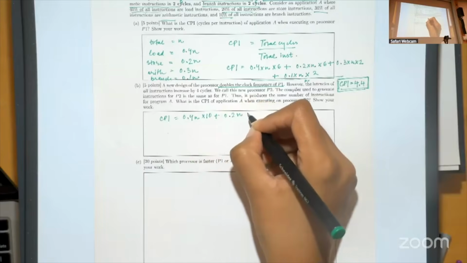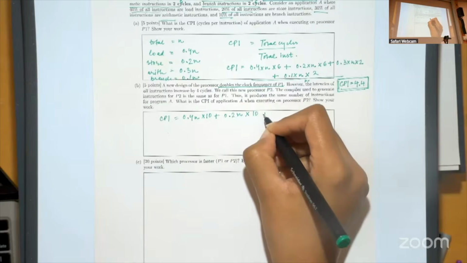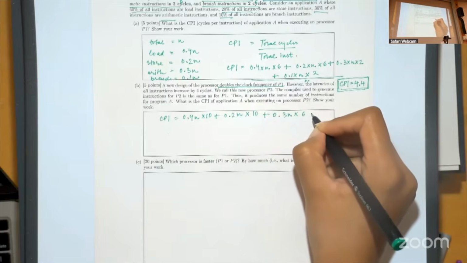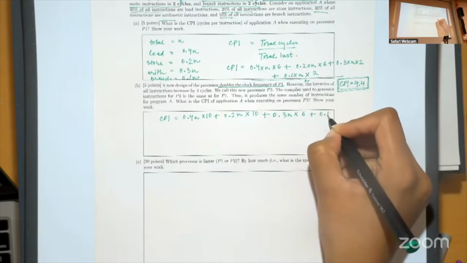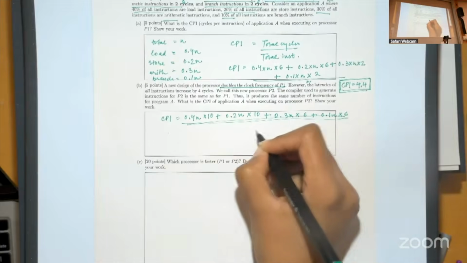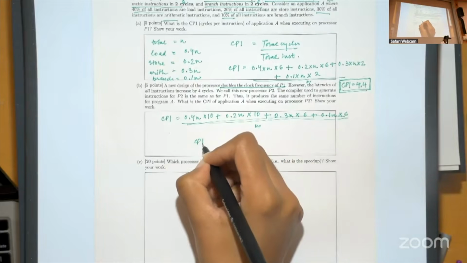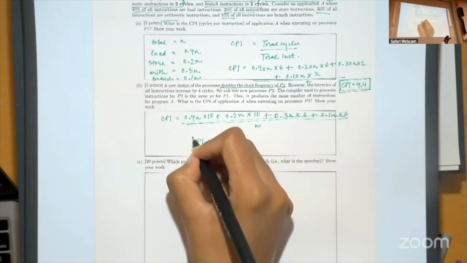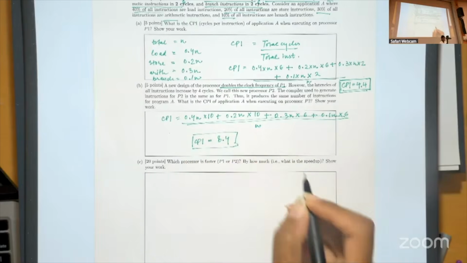Similarly, 0.2n into 10 plus 0.3n into 6 plus 0.1n into 6, divided by n. So again, if you do the math, you will come up with a CPI of 8.4. So there was nothing new in this part.